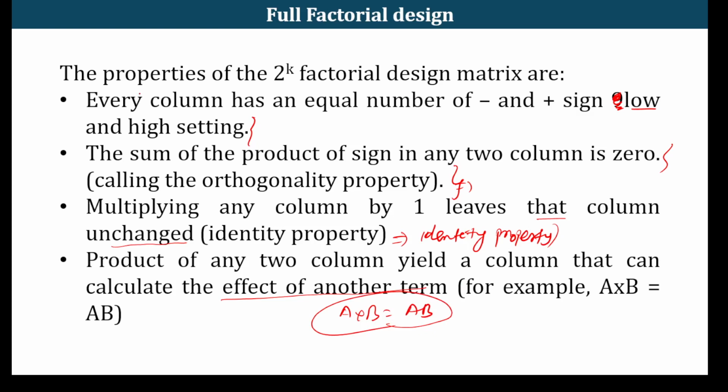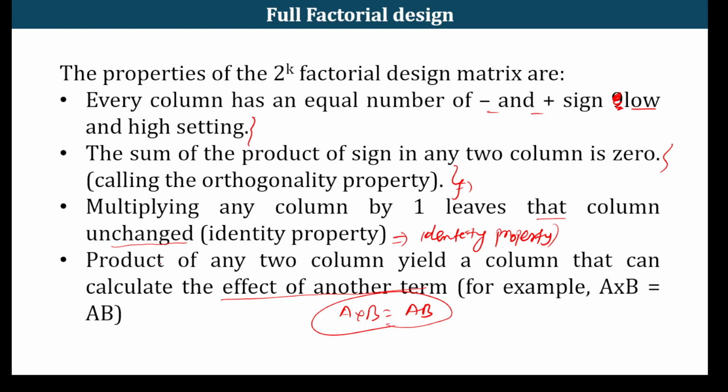So every column will have an equal number of plus and minus signs. Then the sum of the product of the signs in any two columns will be 0. That property is the orthogonality property. Then the identity property means if we multiply 1 to any column, it is not going to change.